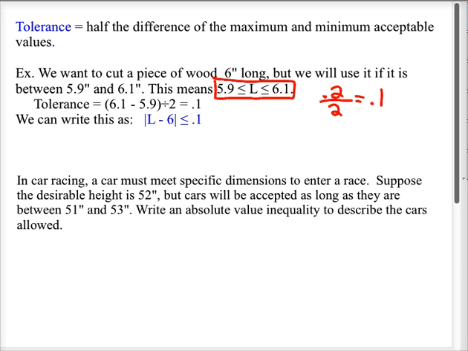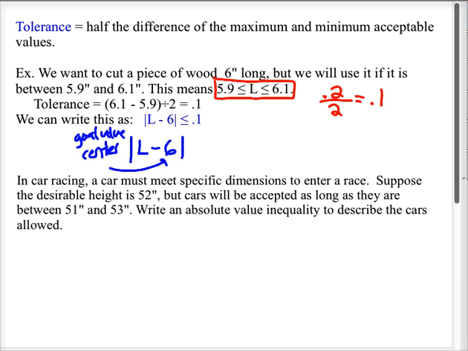Now, the way to write this, and I know it's already there for you, but I'm going to talk through it: you take your variable, so here your lengths, minus what the center is. That's your goal value. It's what you actually want it to be. We want 6.